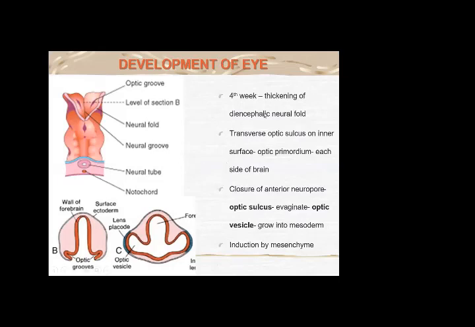During the 4th week of intrauterine life, the eye begins to develop. This is the developing forebrain, the neural tube. Here you can see the somites, notochord.